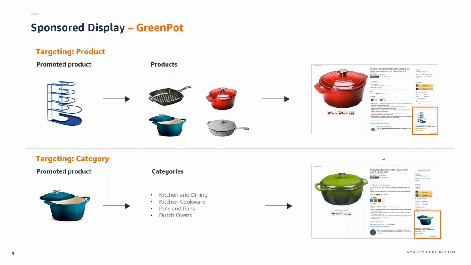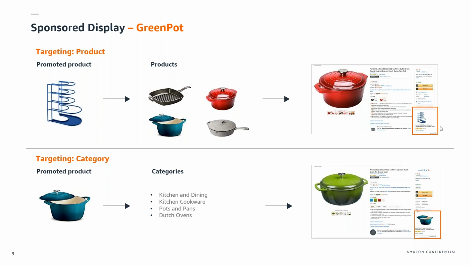So one strategic way to create a closed loop, or a vacuum, around your product listing, especially if this is your best-selling ASIN or your cash cow ASIN, is to actually use your own product. So if I'm Green Pot, I have this blue shelf rack, and I'm also selling this red pot.